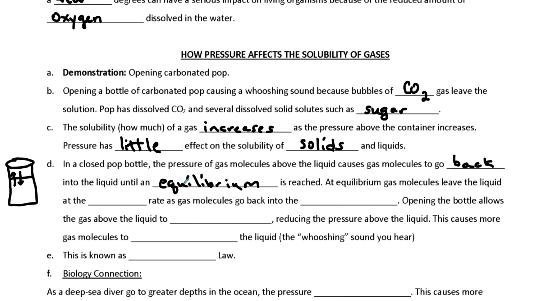An equilibrium is when for every one gas particle that leaves the solution, another one enters the solution. So it's happening at the same rate. The leaving and entering of the CO2 gas, or whatever gas you happen to be talking about, occurs at the same rate.